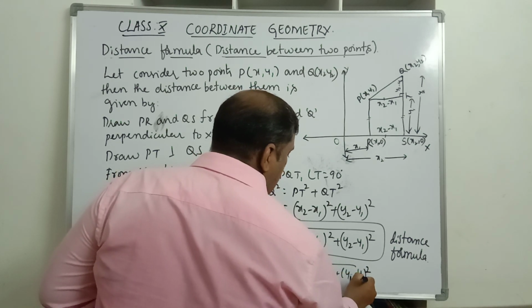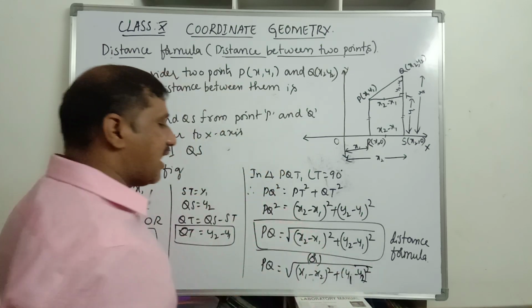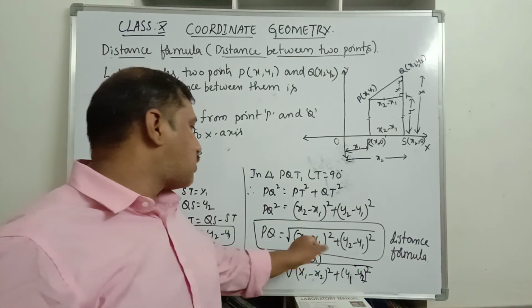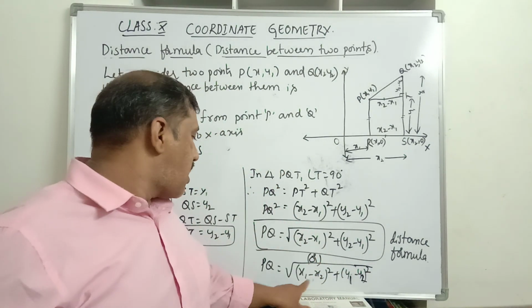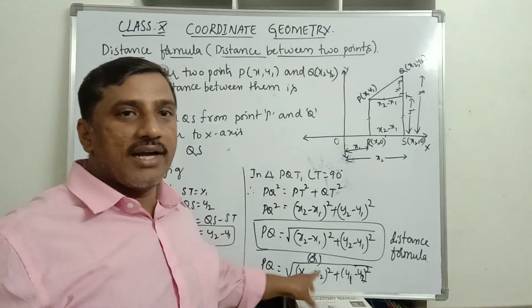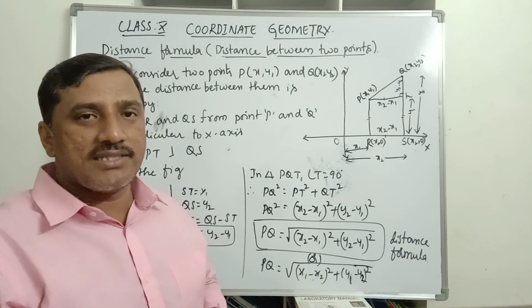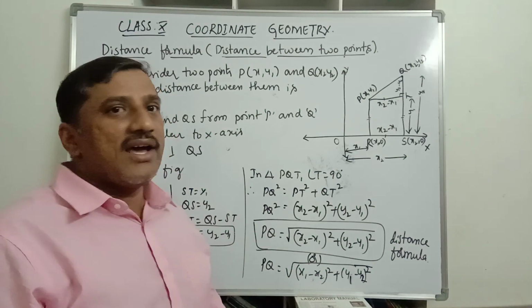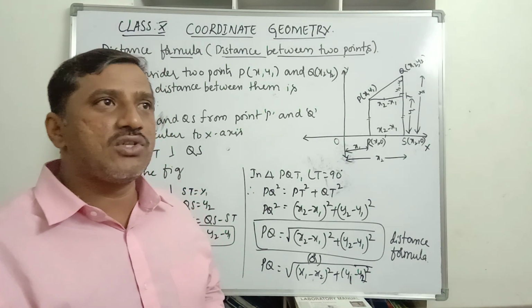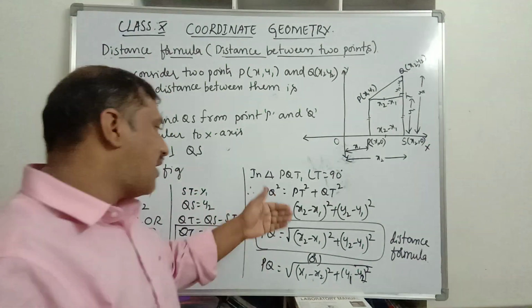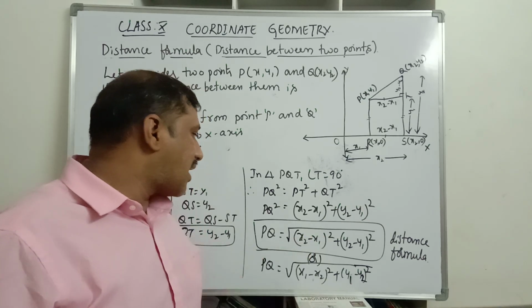Why can we take this? Because x2 minus x1 and x1 minus x2 give the same value with different signs, plus and minus. The square of a negative or a positive value is always positive, so we get the same value. So we can also write this.